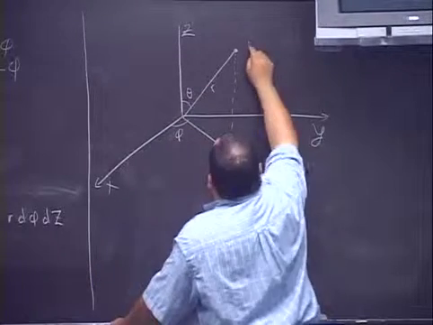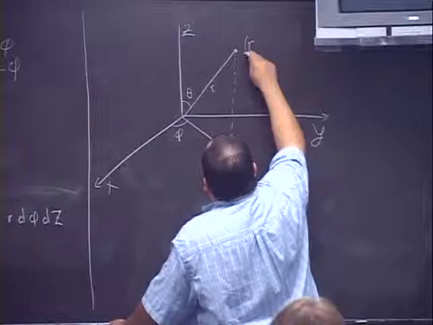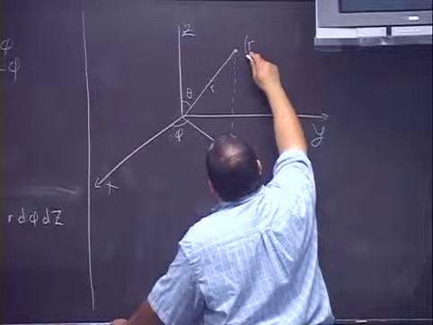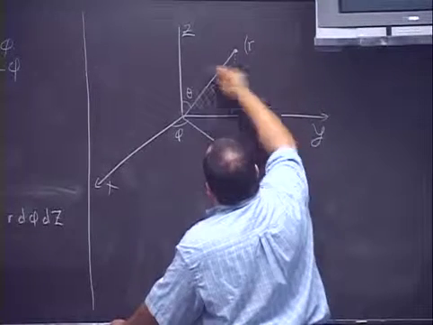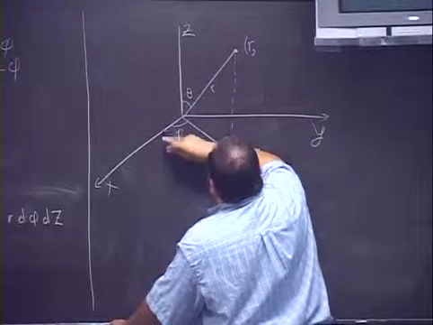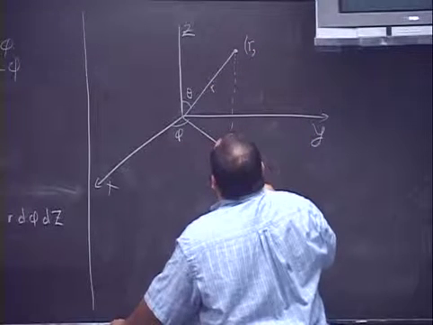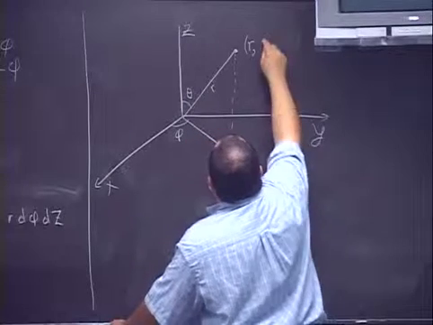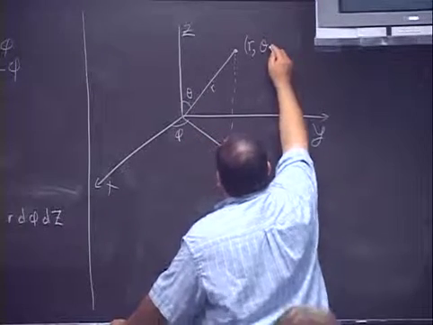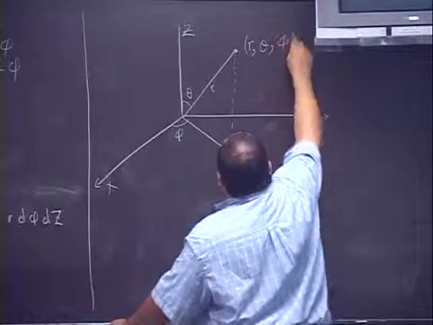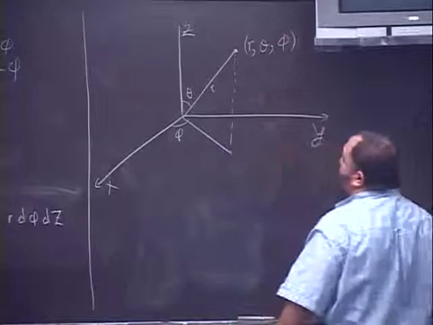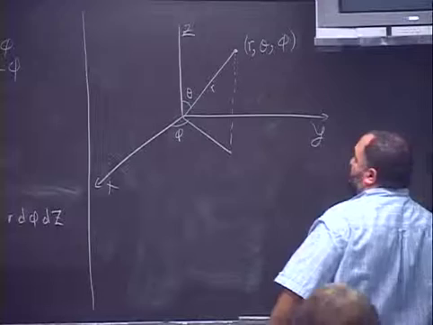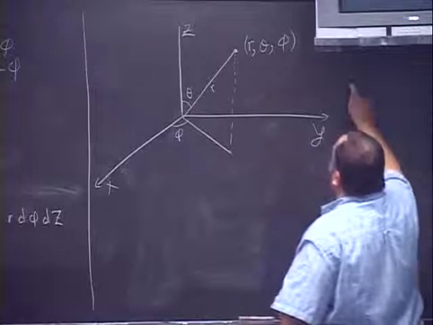So the point can be described by a position which is r, and this is the azimuthal, and this is the angular. So theta is the azimuthal and phi is the angular angle. Okay, guys?